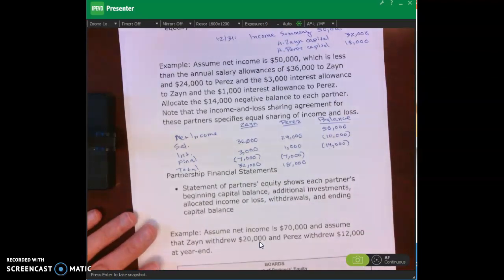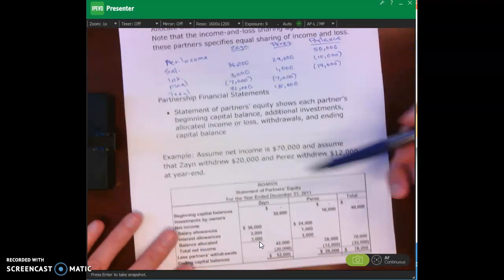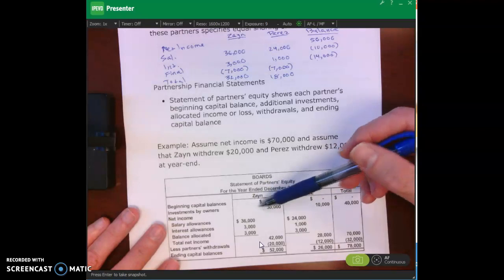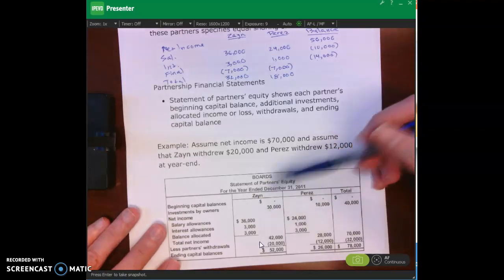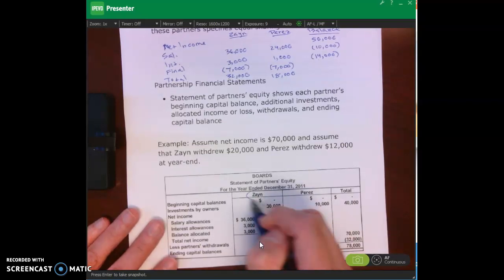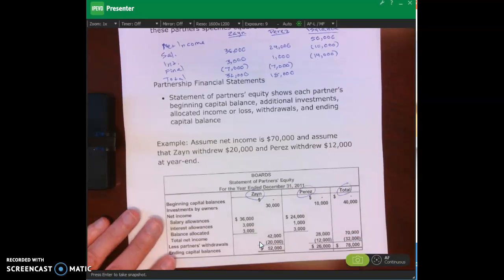Okay, so let's look at our partnership financial statements. In our statement of partners' equity, we're going to show our beginning balances and then investments. It's like what we did in the earlier chapters, chapters 1 and 2, except that it's for each partner, and then we have a total. So we have the investments by the partners, and then the salary and interest allowances, based on the $70,000 net income.